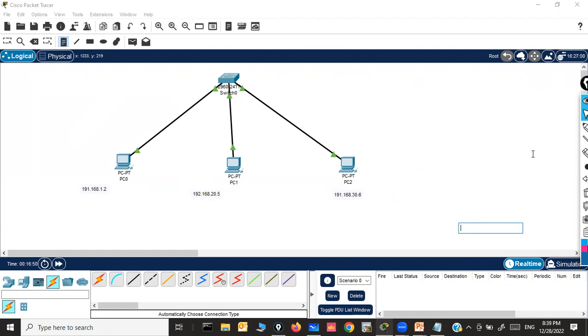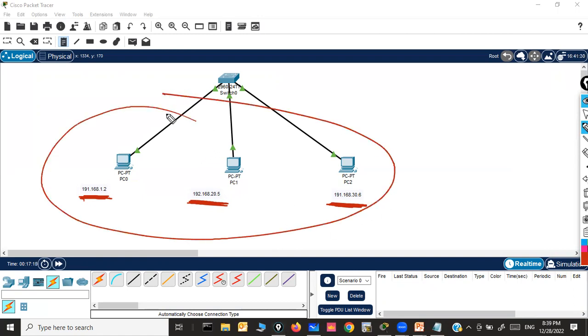The middle one, let me give 192.168.20.5. So look at these IPs again: 191.168.1.2, 192.168.20.5, and 191.168.30.6. Now the question is, are they all in the same network, will they all communicate or not?